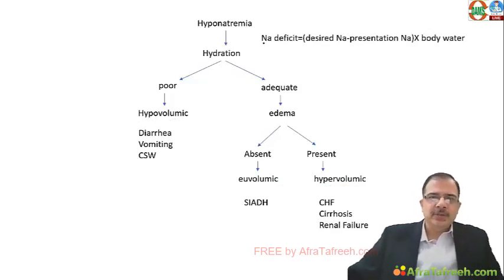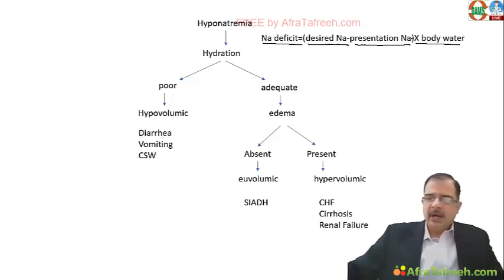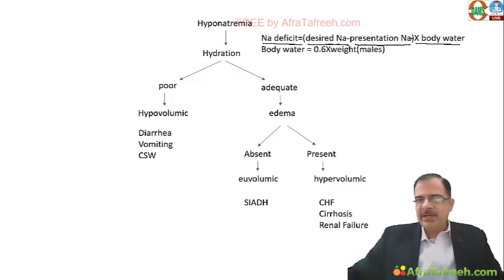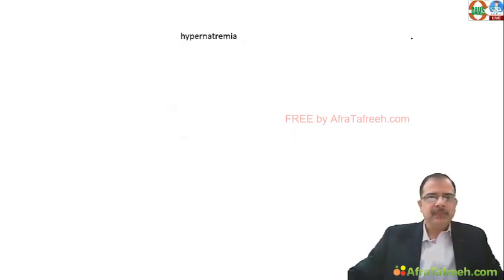By the sodium deficit formula: desired sodium concentration minus presenting sodium concentration, multiplied by body water. Body water is 0.6 into body weight for males and 0.5 into weight for females.